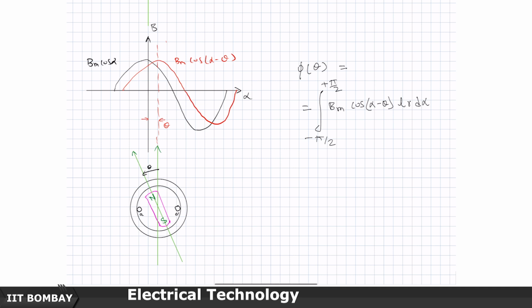Why am I integrating from minus pi by 2 to plus pi by 2? Because minus pi by 2 is this point, plus pi by 2 is this point, and whatever is inside of this is the only flux which is linking the coil A dash.